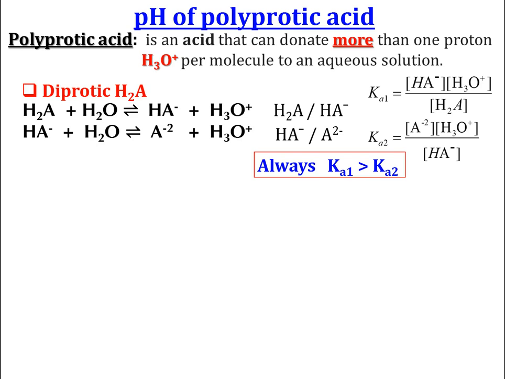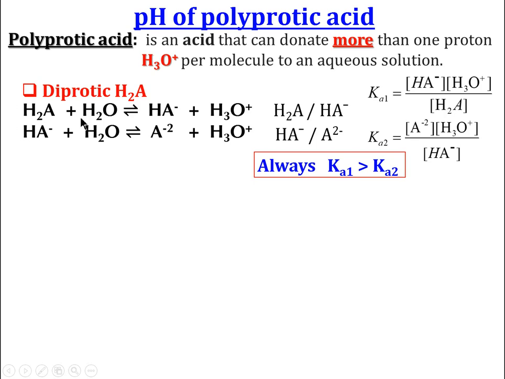The objective is to calculate the pH of the solution when we put H2A in water. So we have to calculate the concentration of H3O plus total provided by H2A and HA minus. So to calculate the concentration of H3O plus total in the solution, we have to study the sequence of these two reactions.